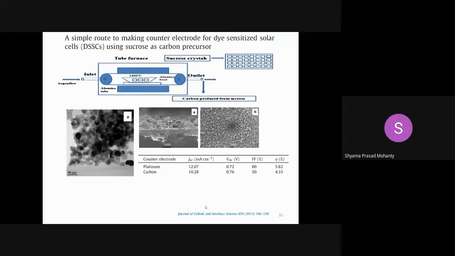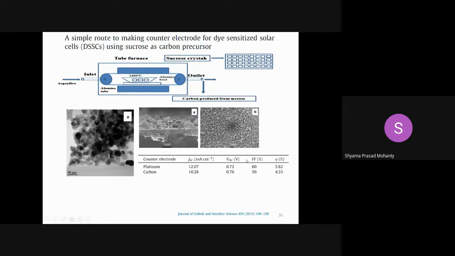So we have prepared carbon from sucrose by carbonization process, using a tubular furnace under argon atmosphere at 1400 degrees Celsius, and we achieved these nanostructures of carbon, which was coated on this glass, and the coating thickness was about 1.3 to 1.4 micron, and it was used as counter electrode in dye-sensitized solar cell.